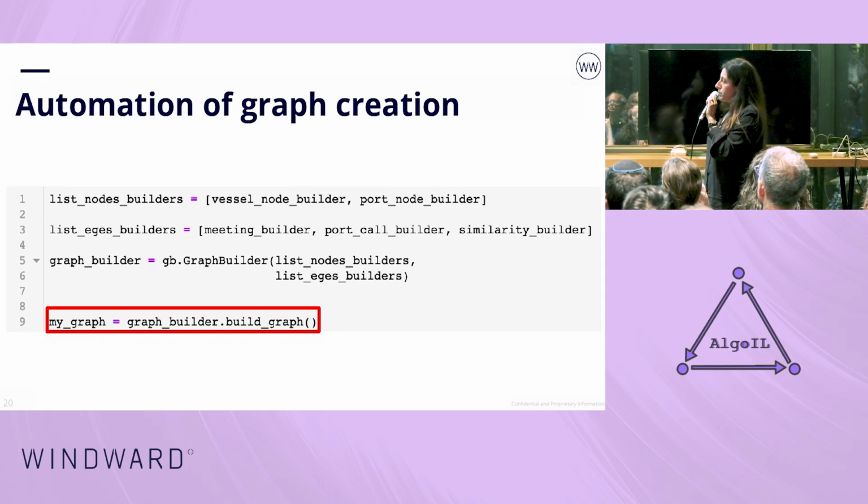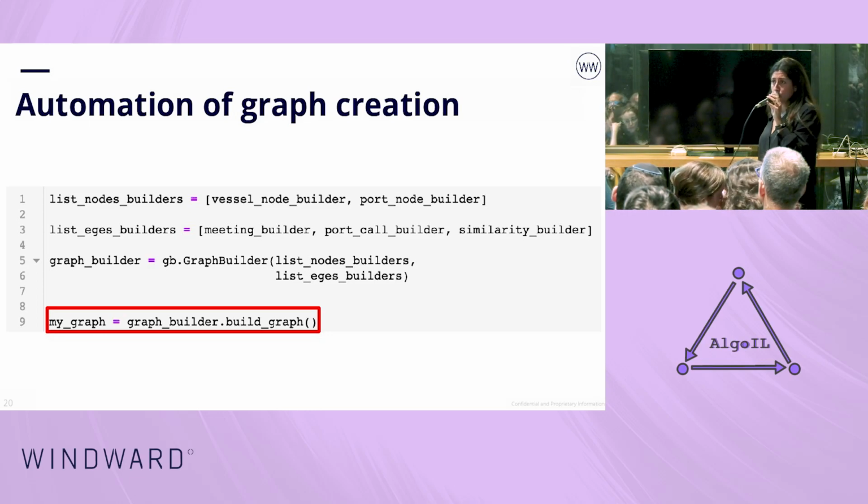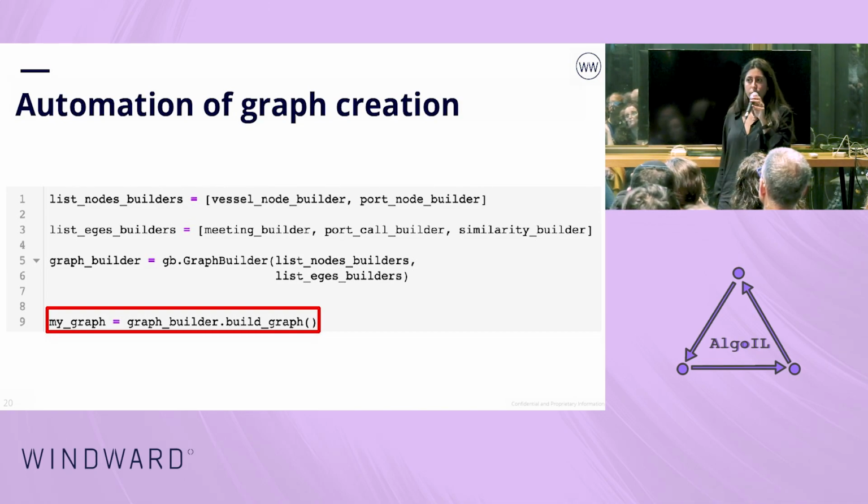So it's pretty cool for us to be able to jump from one problem to the other, from one graph to the other, pretty easily. We made this library 100% compatible with NetworkX, which is the Python reference for working with graphs. It's also compatible with Spark GraphFrames, which is the Spark framework for working with very large graphs.